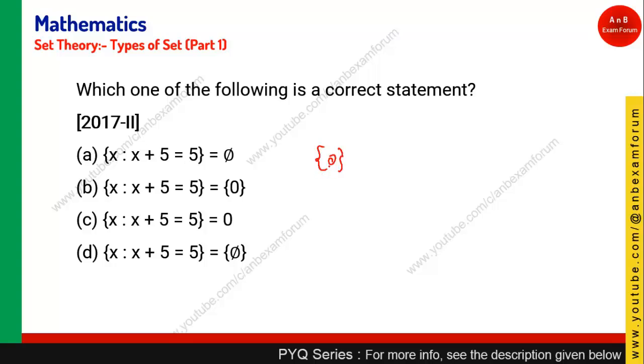So it is basically a singleton set having the 0th element. They have not specified whether x is a natural number or whole number. You can consider a universal set. So 0 belongs to this particular set, so it is not equal to 5. So this is incorrect. Coming to the next, x plus 5 equal to 5, 0, that we have already seen. So this is the correct one. So option B is the right answer for this question.